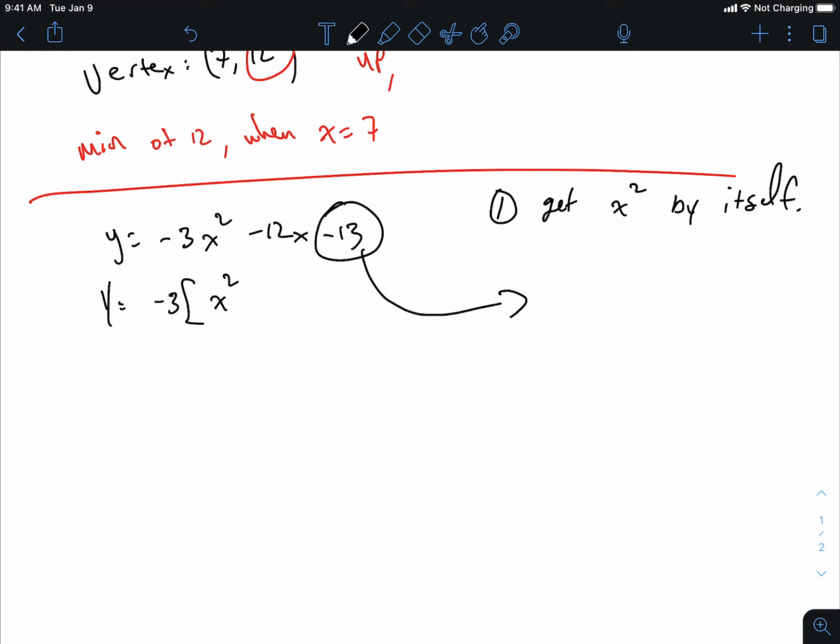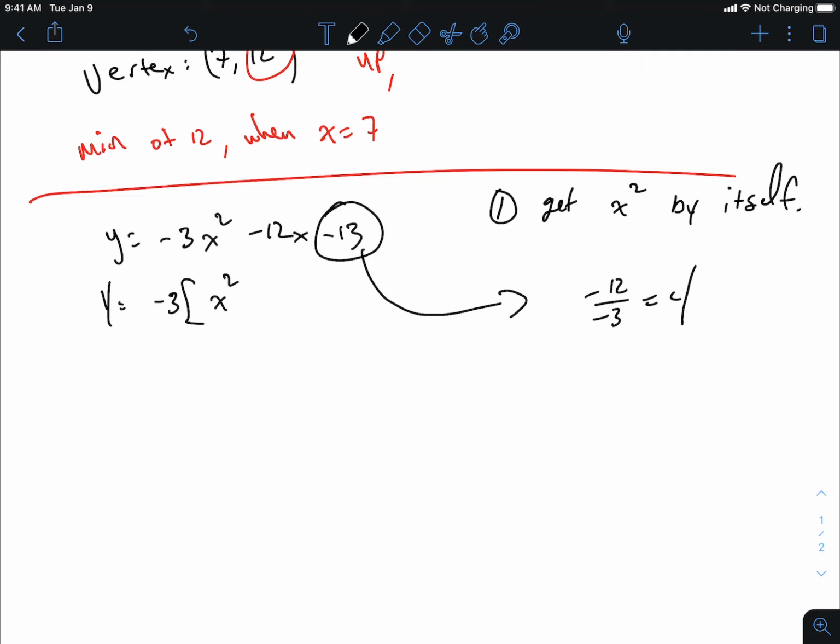X squared, now be careful. Silly things happen once you get into the routine of doing the same thing all the time. You forget basic things. You make silly mistakes. Negative 12 divided by negative 3 is equal to 4. Don't put 6 down. It's little things, right? You just gotta be careful.